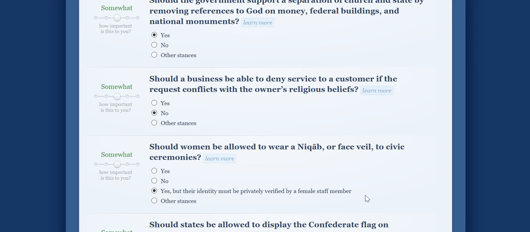Certainly in many countries where it's forced that women wear it, it's not a choice, and I would get rid of those forced laws in those countries. But we don't have forced veiling laws in this country. So if people choose to wear it and it's the civic ceremony, yeah, I wouldn't ban it. But I guess the whole thing about verifying the identity is just to make sure that you get the right person and there's not some, like, trickery or fuckery going on behind the scenes.